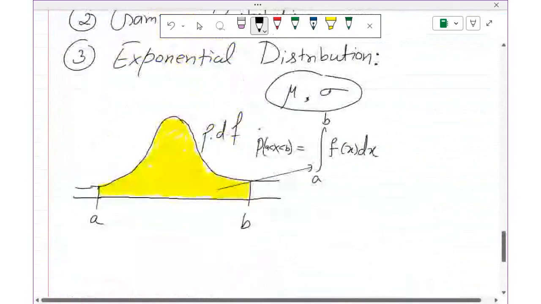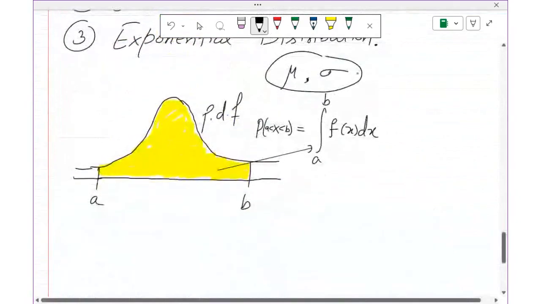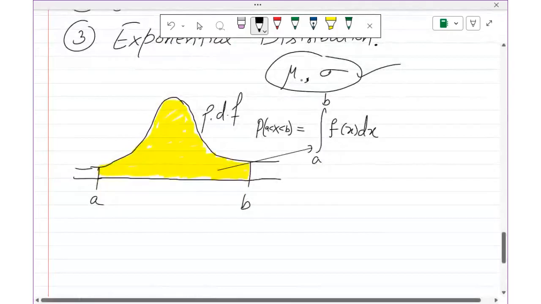Before going to problems, as I have told you, there are two parameters. Mu is equal to mean, and standard deviation is equal to sigma.